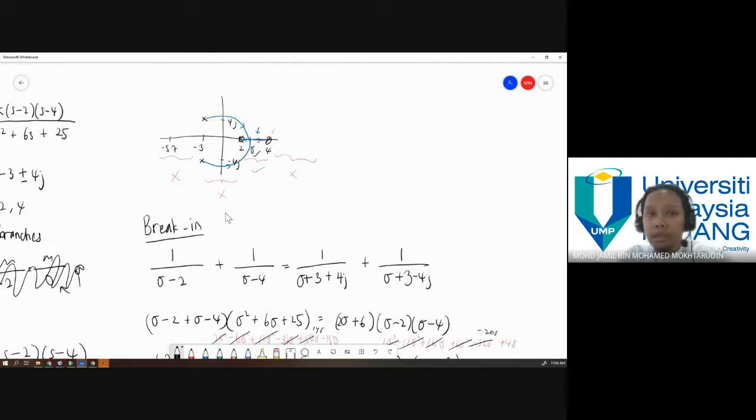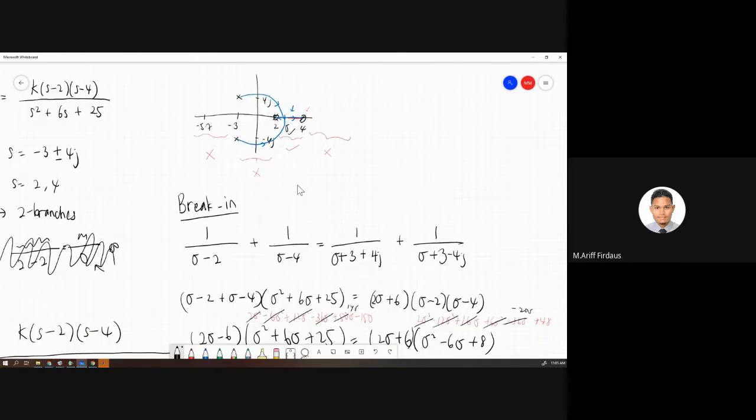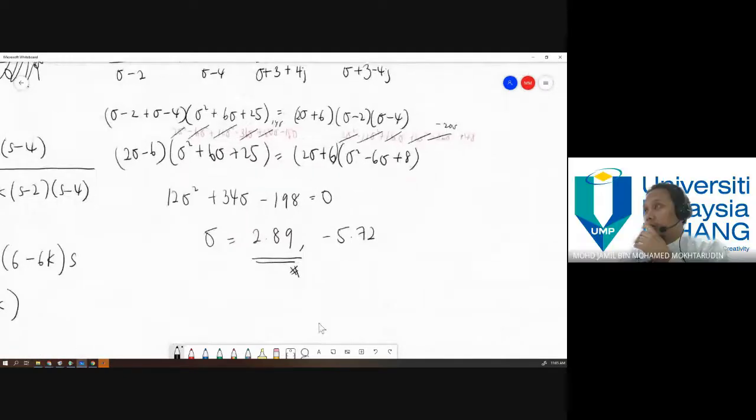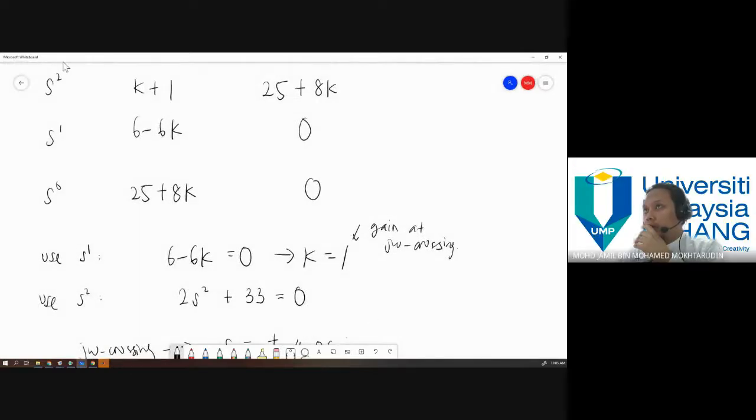Question: Sir, where did the 2s squared plus 33 come from? Oh, this is row s squared, with K equal to 1: 2s squared plus 25 plus 8K, with K equal to 1, so 25 plus 8 is 33, equals 0.